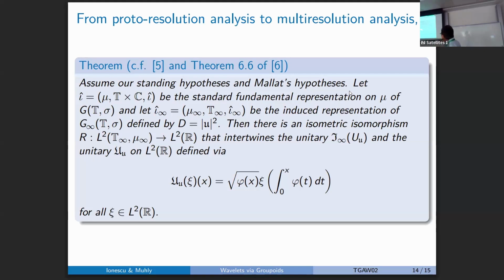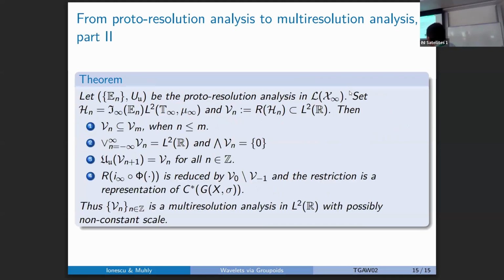And the proof of this is, once we have the existence of the scaling function, we basically take almost word by word the proof of Nadia and Ian from that paper with the induced Hilbert spaces to define R, modulo some complications. And to sum up, sorry, this is the last slide.